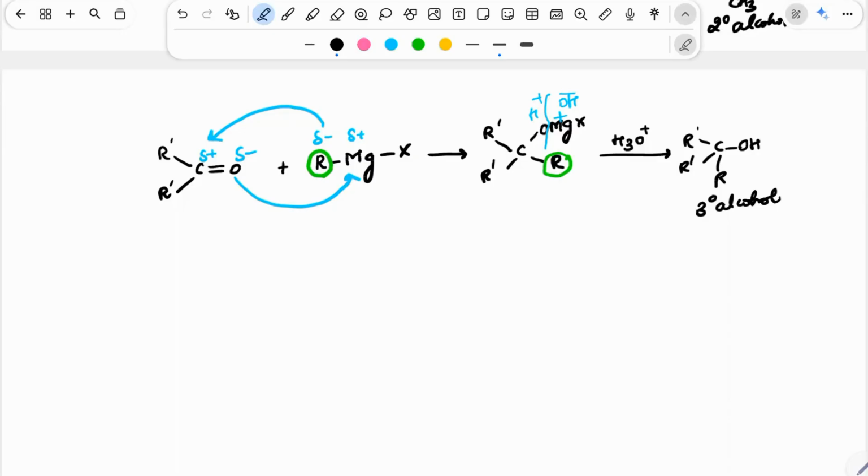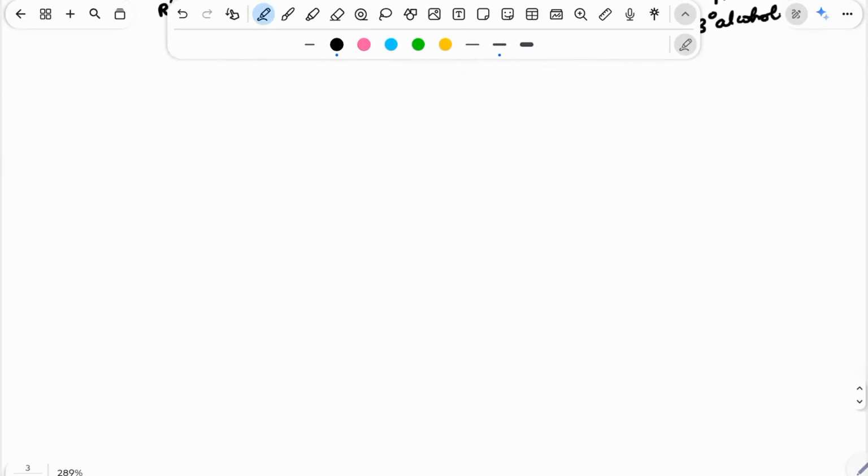And our product will be R dash, C, R dash, R, OH. That is a tertiary alcohol formed. So using Grignard reagent, we can prepare what? Primary, secondary and tertiary alcohols. Right?